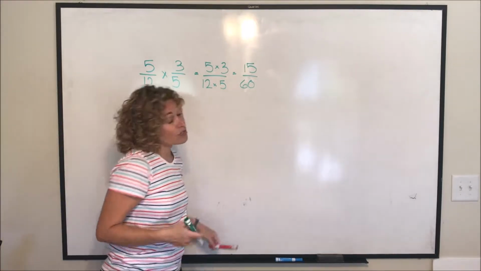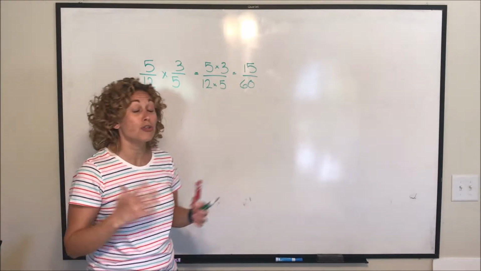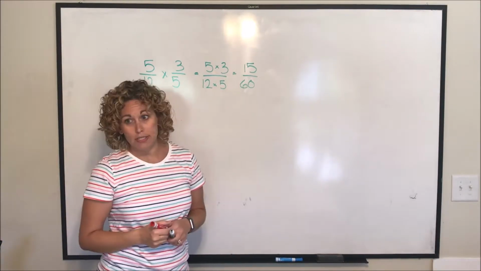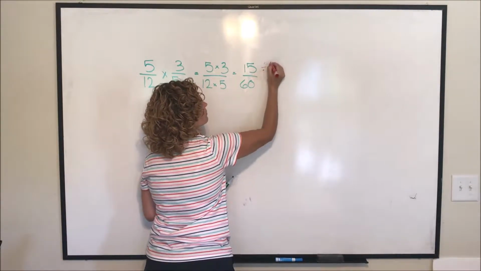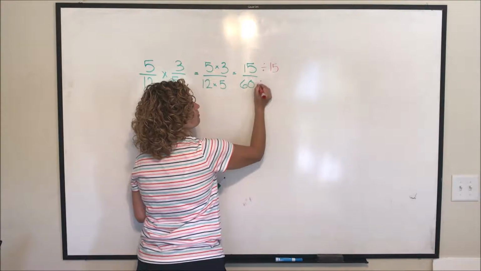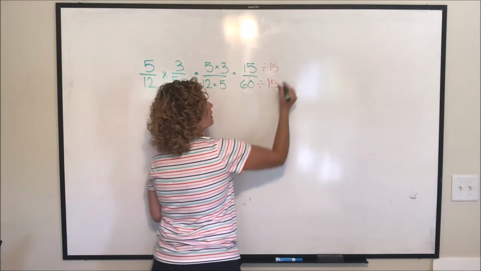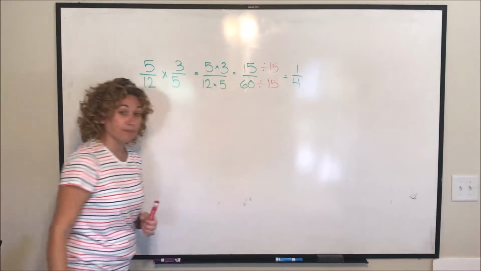Now, those are slightly bigger numbers, and if you do Saxon, Saxon likes to give you huge numbers. So then you'd have to figure out, well, what number goes into both of those? I do know it is 15, so what I have to do is divide both the top and the bottom by 15. That leaves me with an answer of 1/4.